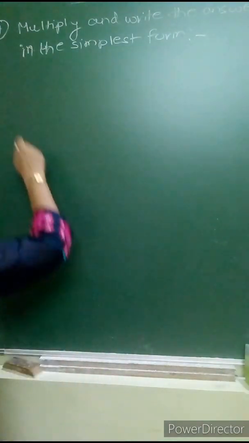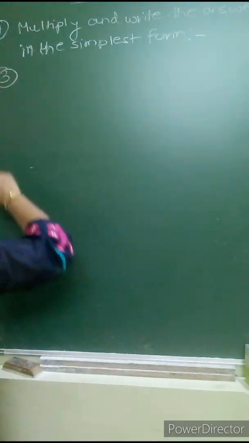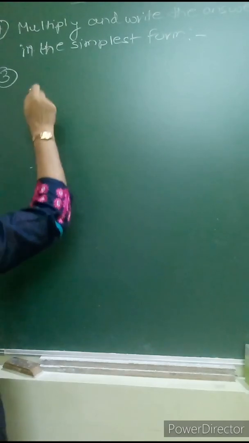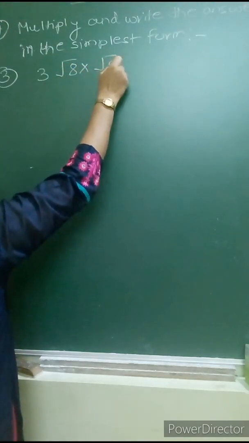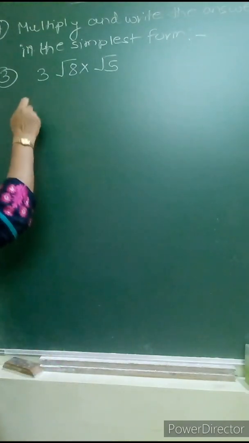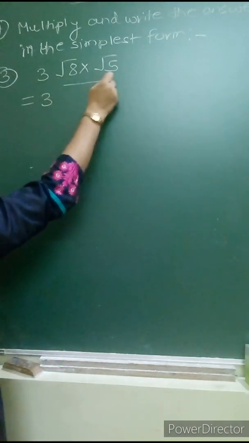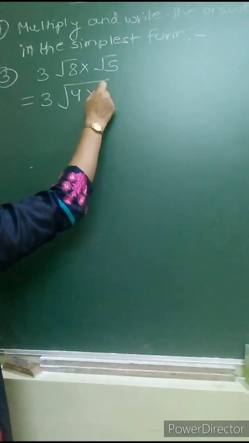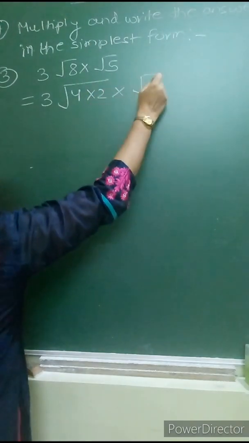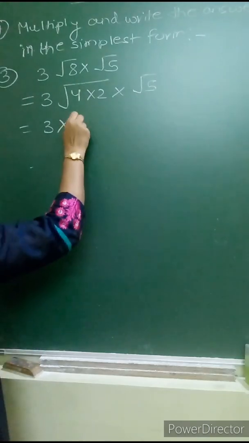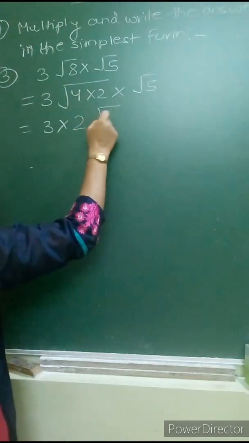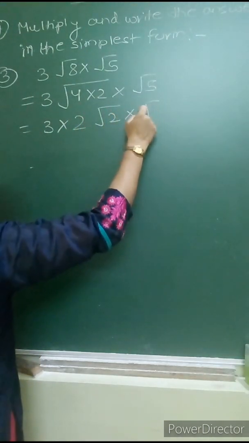Question number 3 is 3 square root of 8 into square root of 5. Now how we can do this? 8 can be written as 4 into 2, multiplied by square root of 5. So square root of 4, that is 2, will come out, and this 2 will continue to remain inside the radical sign.